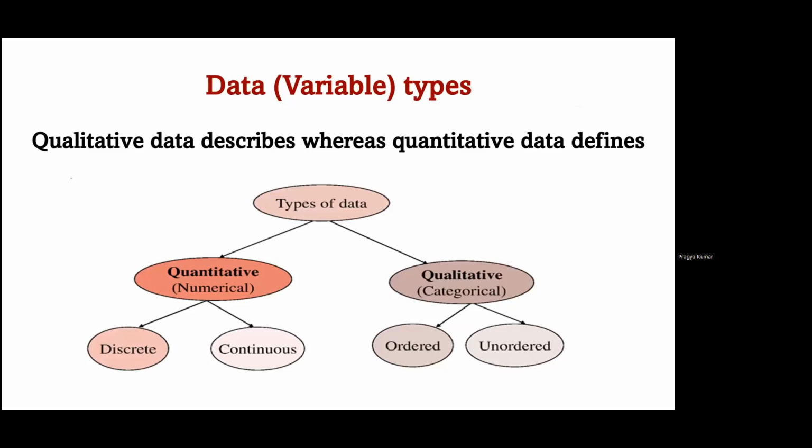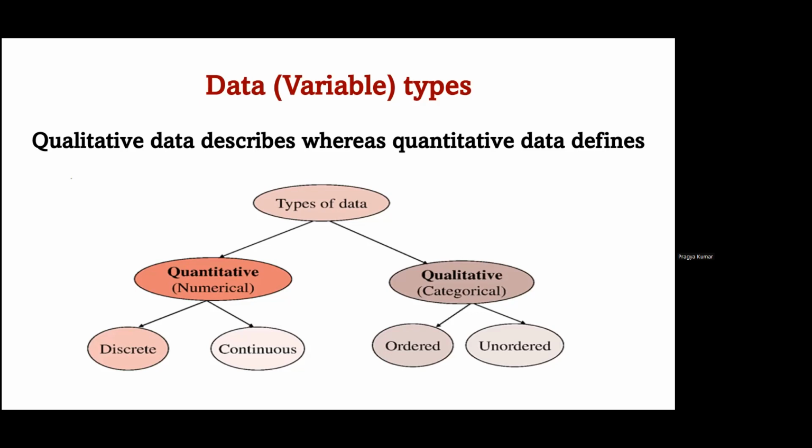If I have to classify this data, there are two types: quantitative data, also known as numerical data, and qualitative data. There are two types of quantitative data: discrete, like the number of newborns in a ward, which will not be a fraction, and continuous, where a fractional value is possible.